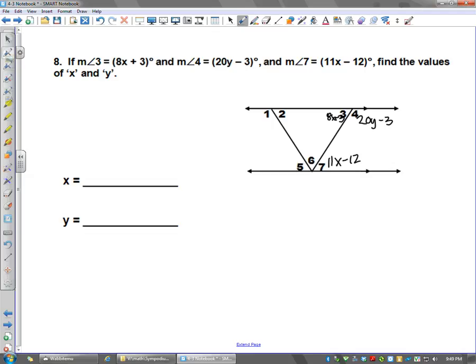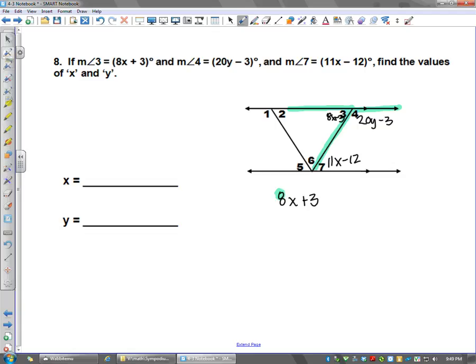Well, I have a little bit of a problem here. Here's angle 3, and here's angle 4. Now, obviously, they make a T, and so that means they're a linear pair, and that means they're going to add up to 180.